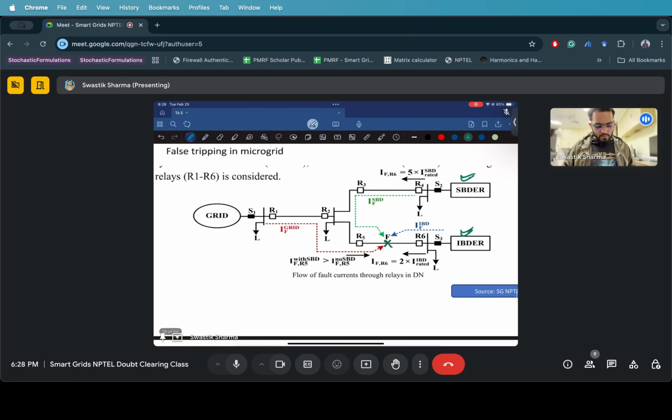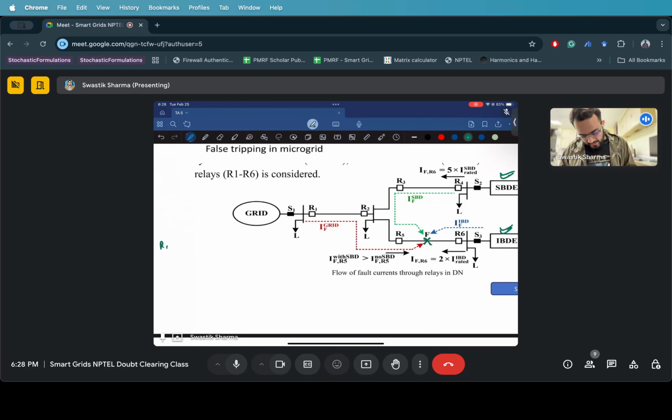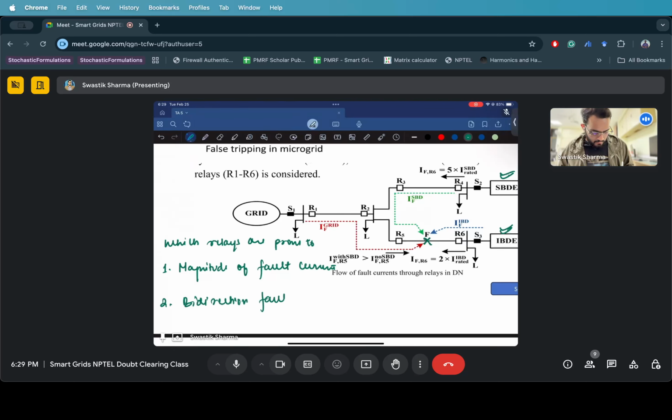What I want to get from this exercise is which relays are prone to, one, magnitude of fault current, second, bidirectional fault current.